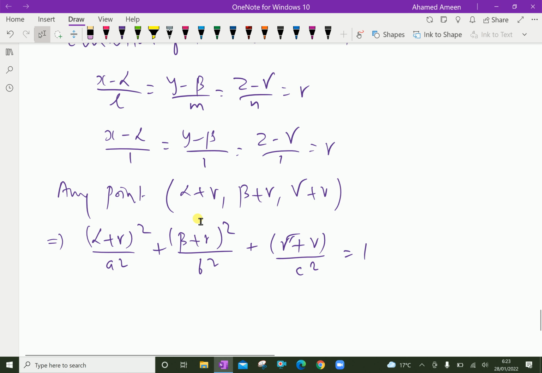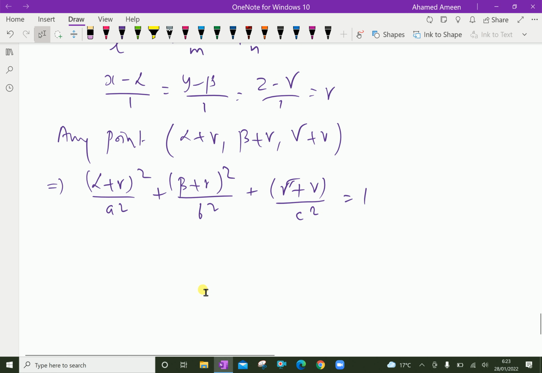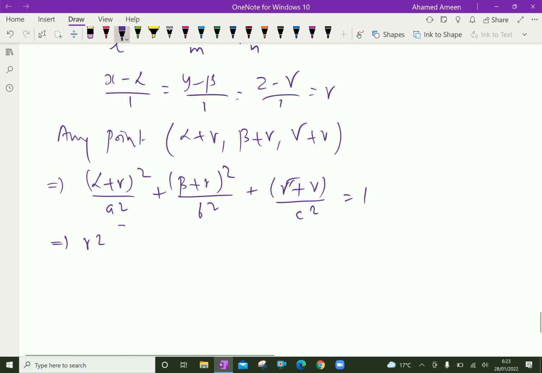Substituting this point into the ellipsoid, we expand and simplify. We will get r squared times (1 over a squared plus 1 over b squared plus 1 over c squared).